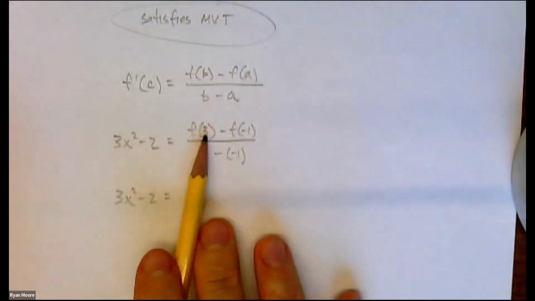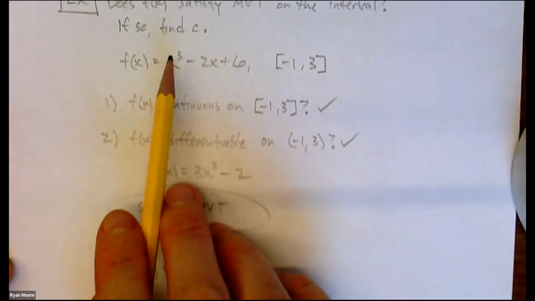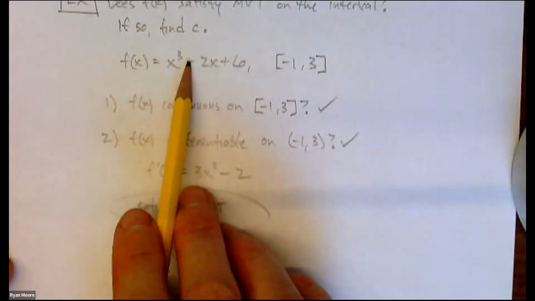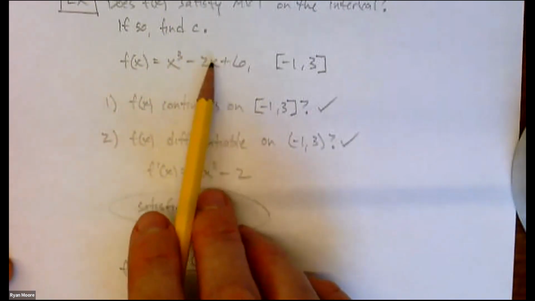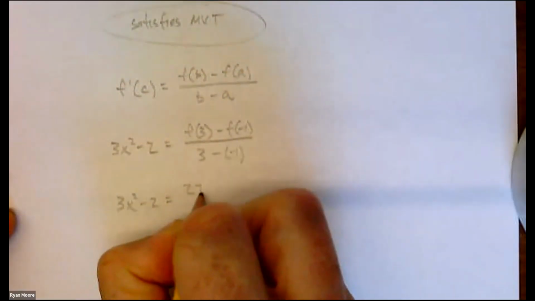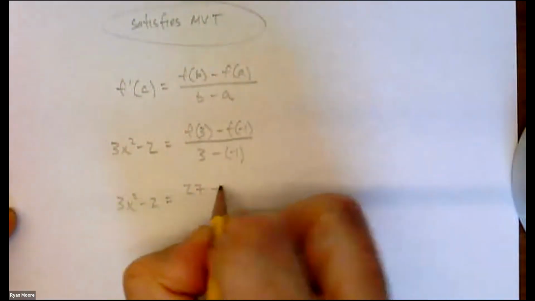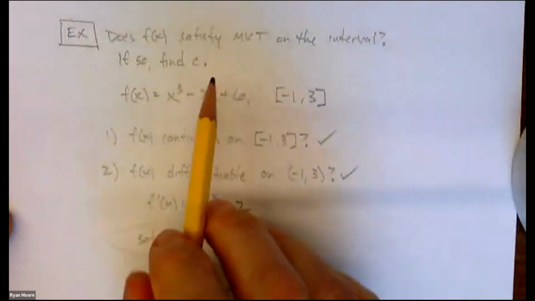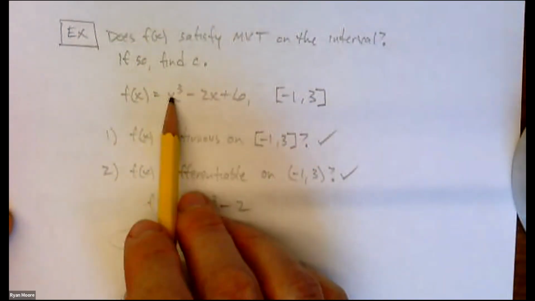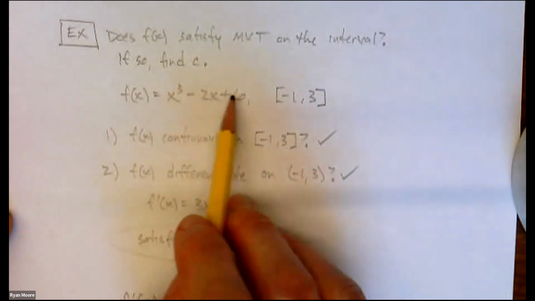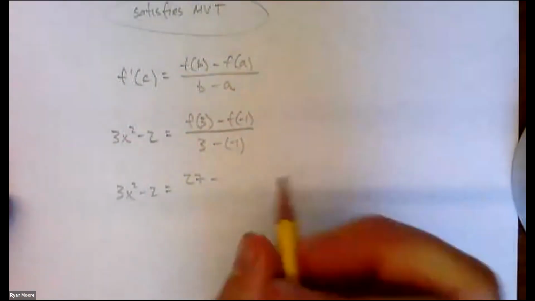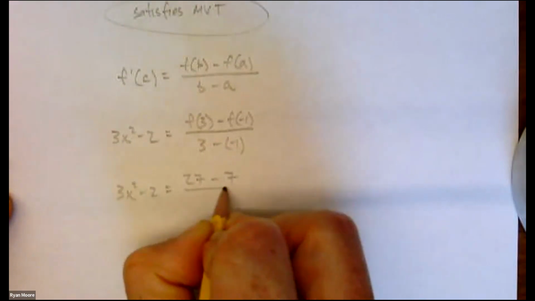Let's see, f of 3. Plugging f of 3 in. 3 cubed is 27 minus 2 times 3 is 6, but then plus 6, that's going to be 27. Okay. Minus f of -1. -1 cubed is -1, plus 2 is +1, plus 6 is 7. Okay. And we're going to divide by 4.